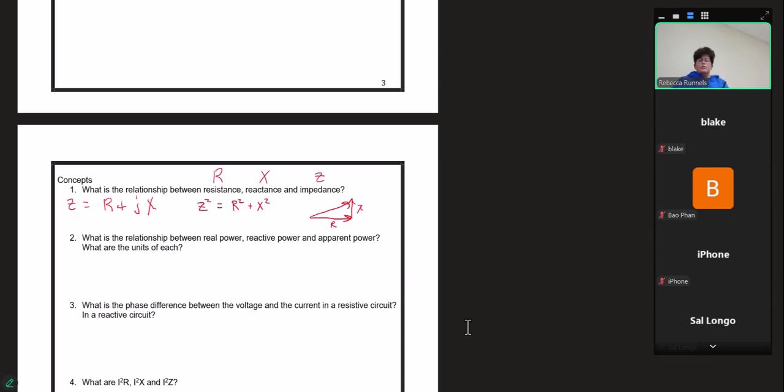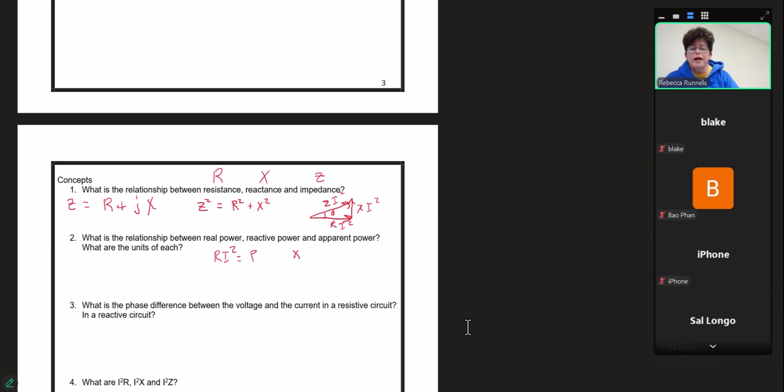Okay. So if we look at this angle between the resistance and the reactance, this angle phi, that's the same as the angle that we get when we're talking about power. Because if I multiplied each of these things by I squared, then what I would get is Ri squared, that's our real power.